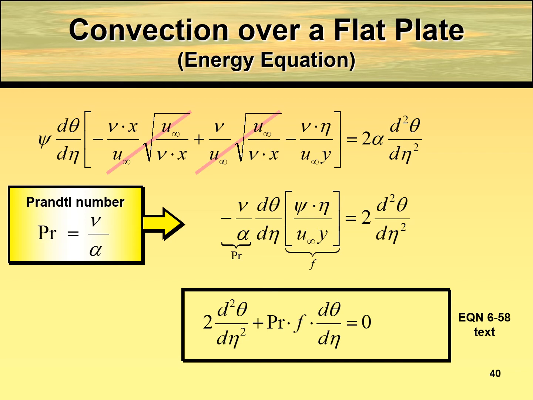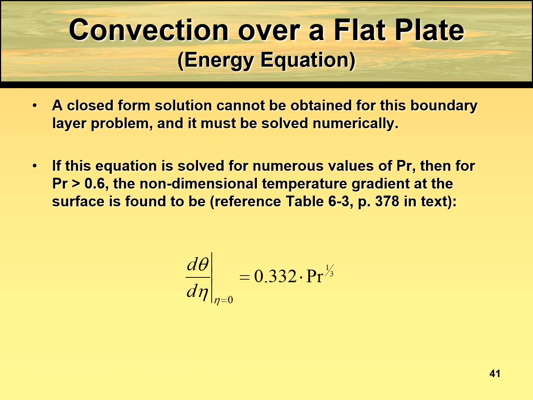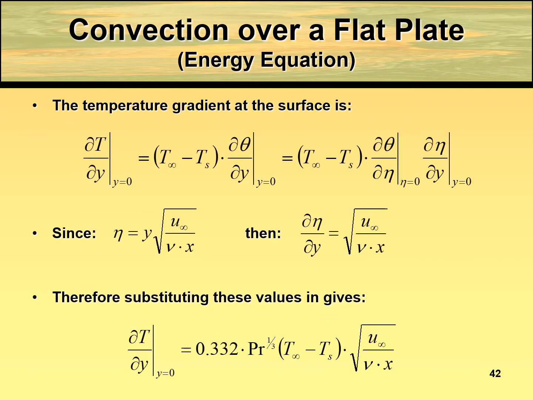Where the Prandtl number is the kinematic viscosity divided by the thermal diffusivity, we have a closed solution, which is d theta over d eta equal to 0.332 Prandtl number to the power of 1/3, but this is still not solved yet.